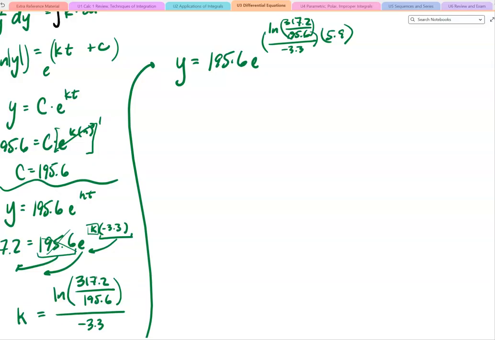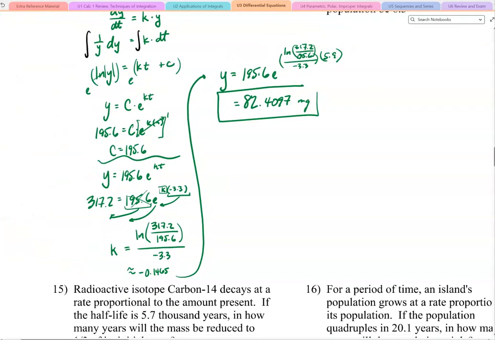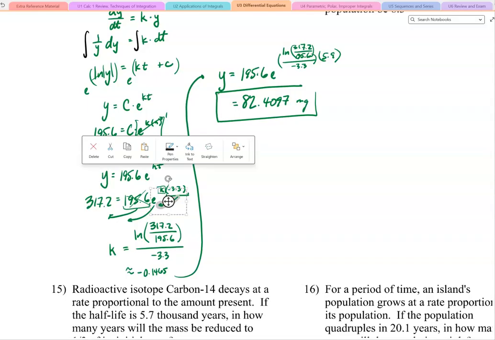Again, that expression should generate the negative 14% times our 5.9 as a power over e multiplied by 195, and we get a result of 82.4097 milligrams. And that seems reasonable. There was 300 milligrams present 3,000 years ago. There's 195 present currently.